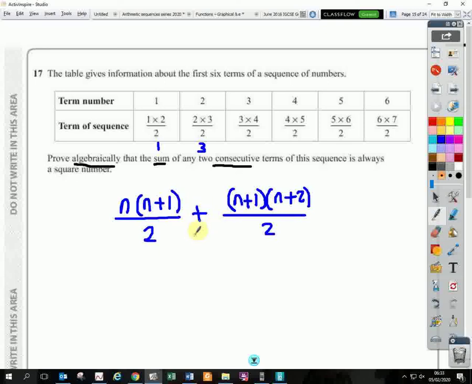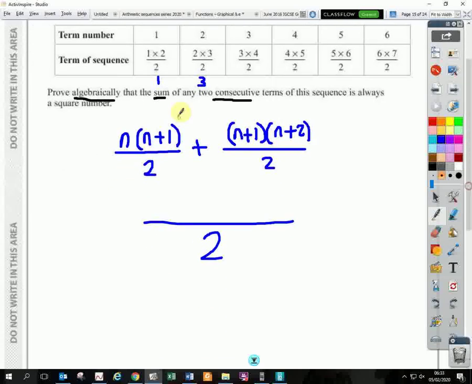Okay, good. When we add two fractions which have the same denominator, you can keep the denominator the same and just add the numerators. So I'm going to add these two numerators together, but I'm also going to expand as well. So n squared plus n.